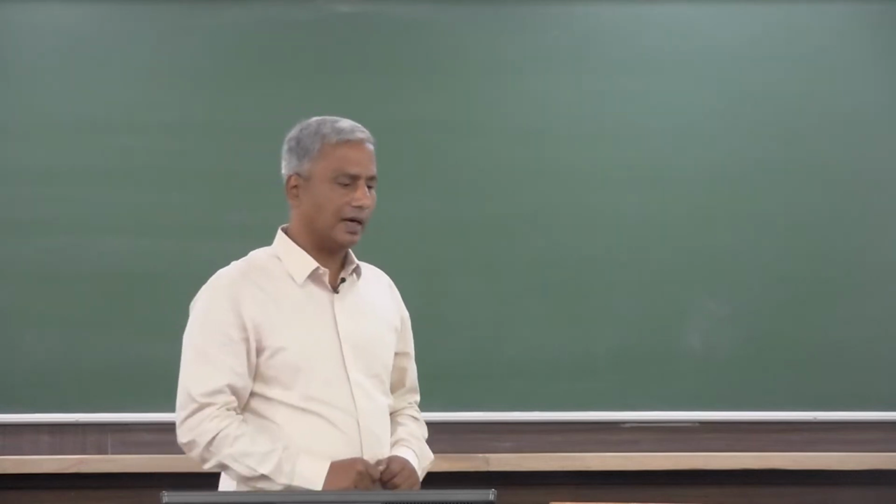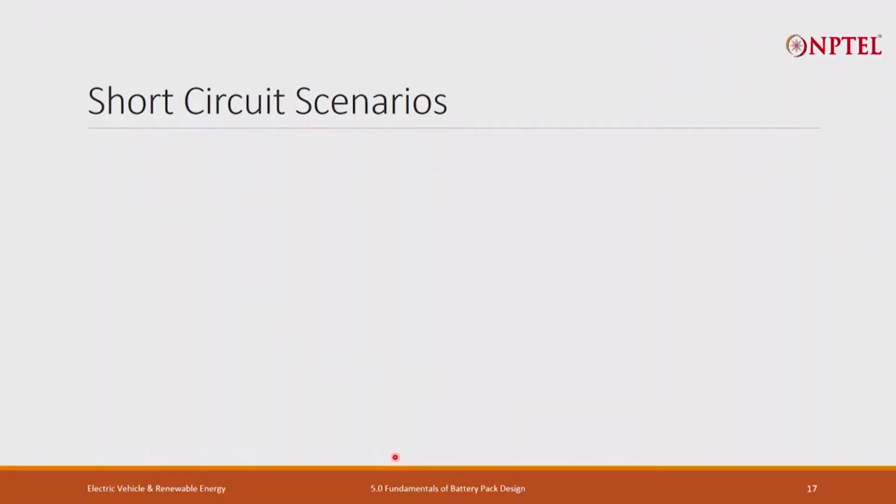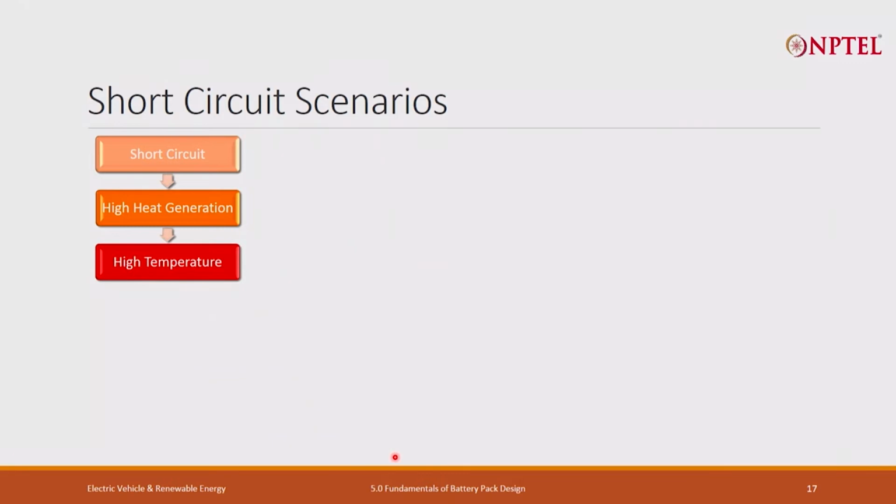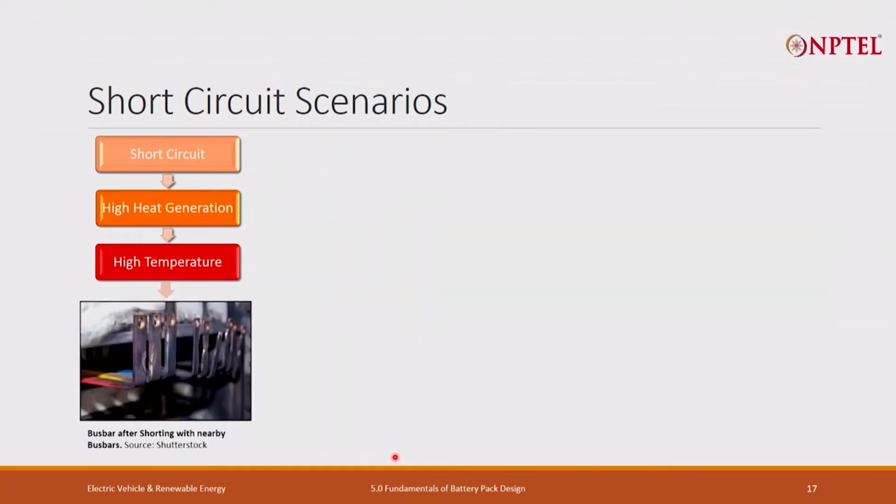In short circuit scenarios, what happens? When short circuit happens, generally the current would be very high. Because of the high flow of current, there would be a high rate of heat generation. If there is a high rate of heat generation, there would be a high rate of temperature rise. If there is a high rate of temperature rise, what happens?